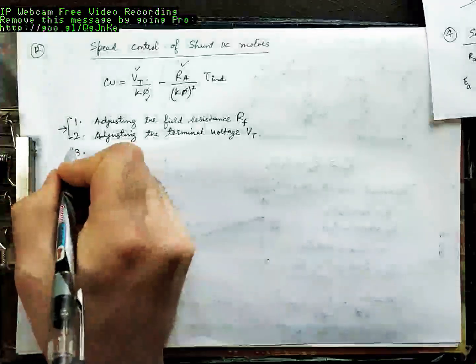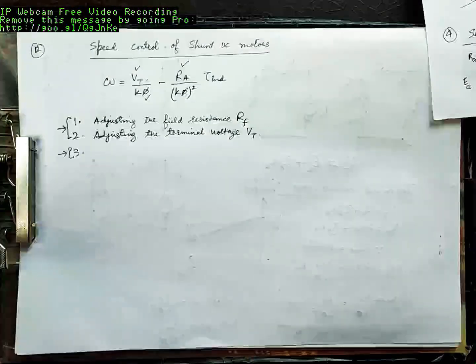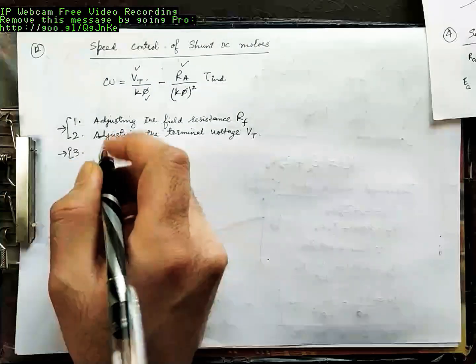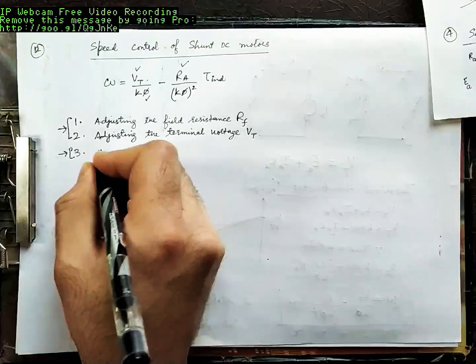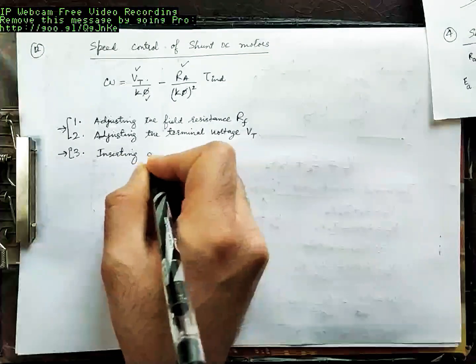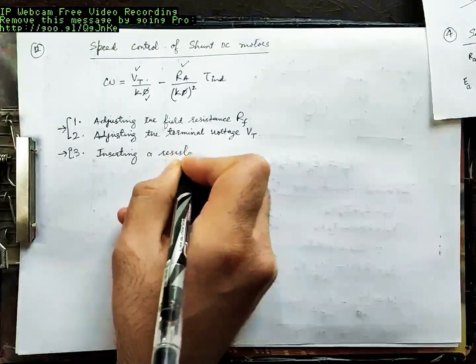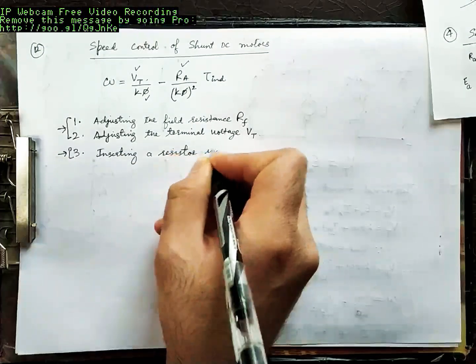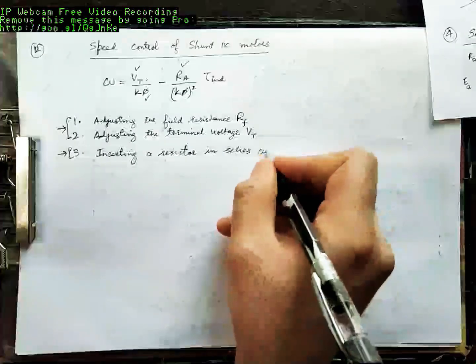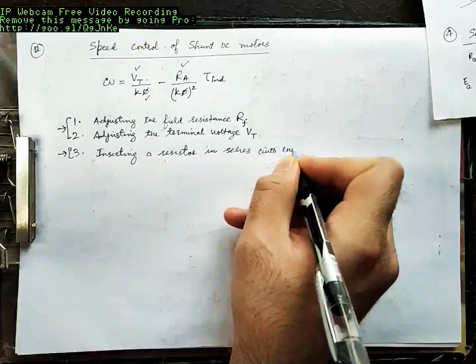There's a third method which is not used in practice. You can use this in laboratory for showing experiments, but in practice this method is not used. That is inserting a resistor in series with the armature.